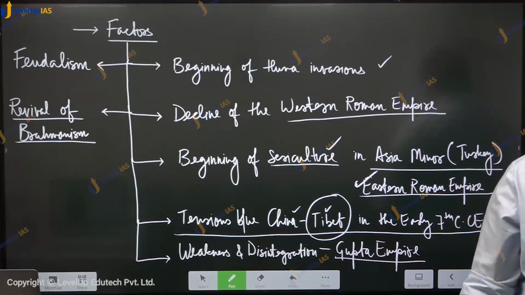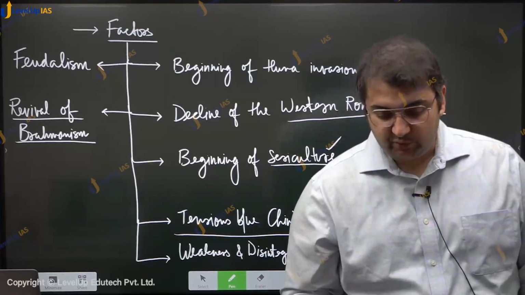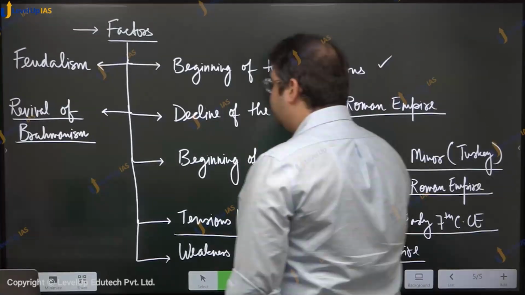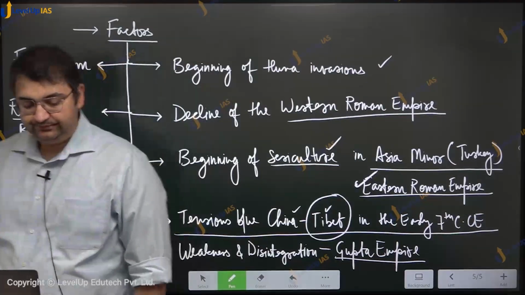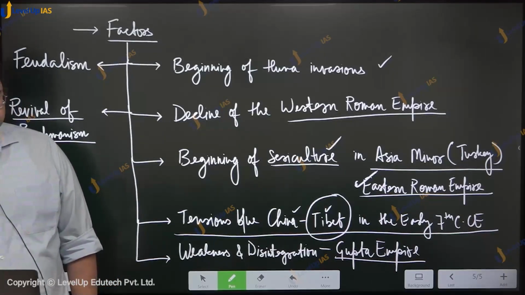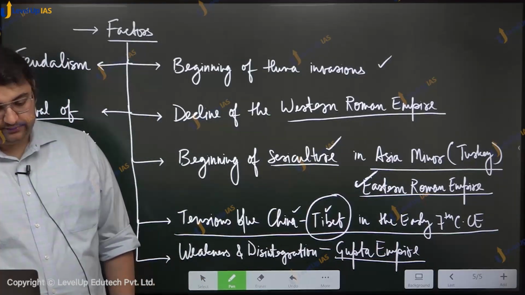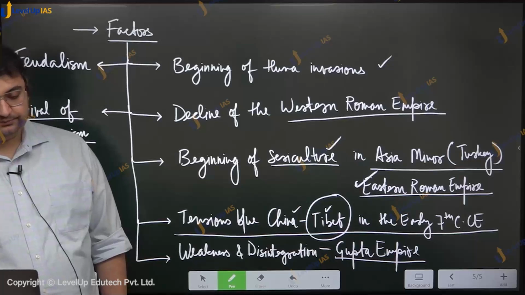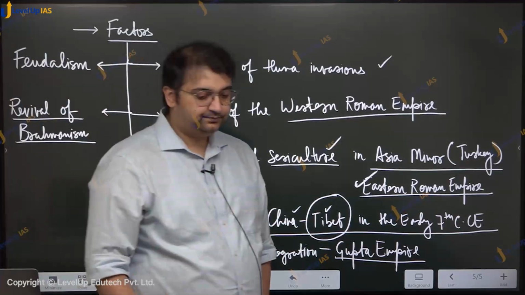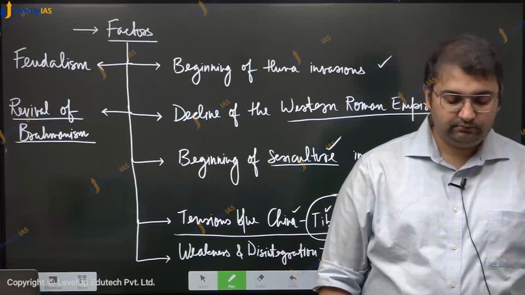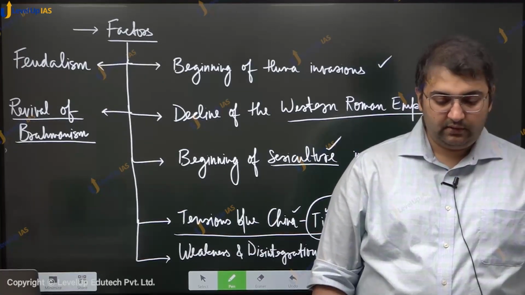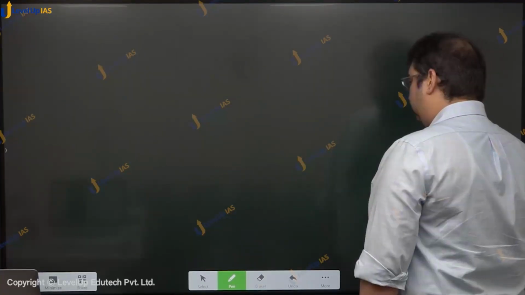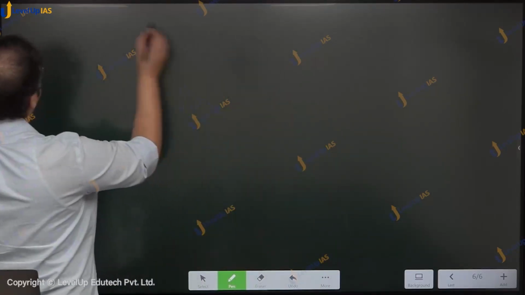By making rigid varna and caste-based rules that discouraged craft production and encouraged agriculture. Okay. Write the next point.